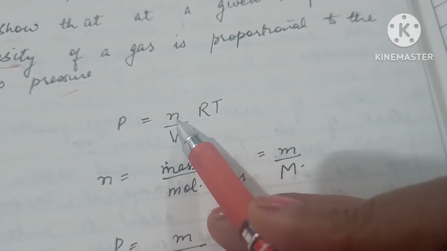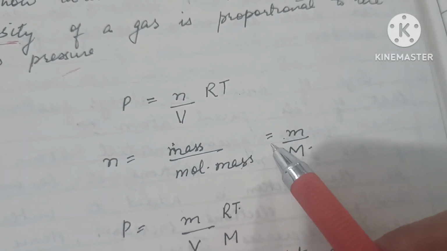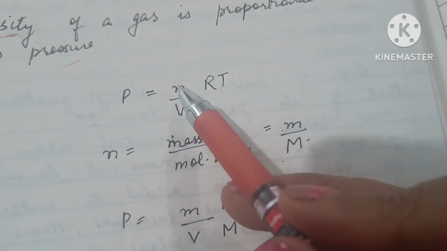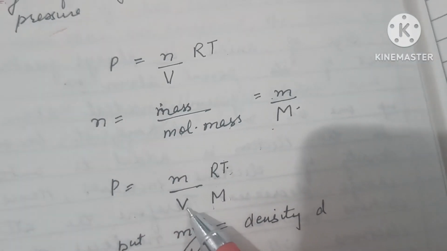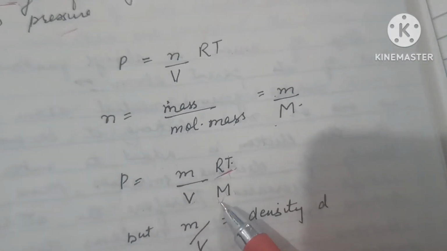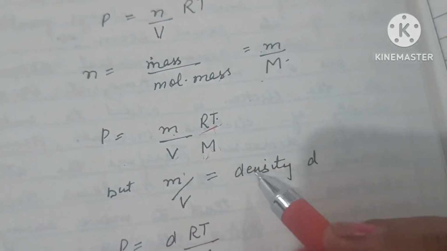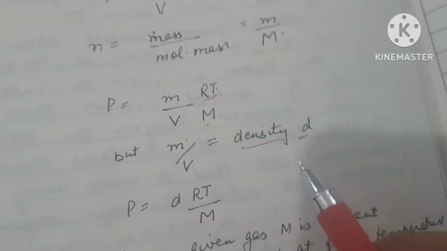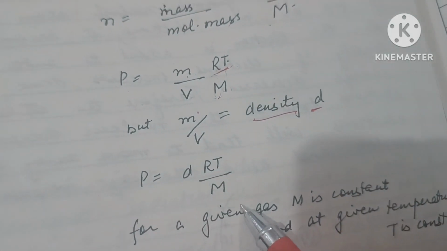But n, the number of moles, is mass upon molecular mass. So putting m upon M in place of n, we get P is equal to m upon V RT upon M. But m upon V is mass per unit volume, which is density d. So we get the relation P is equal to d into RT upon M.